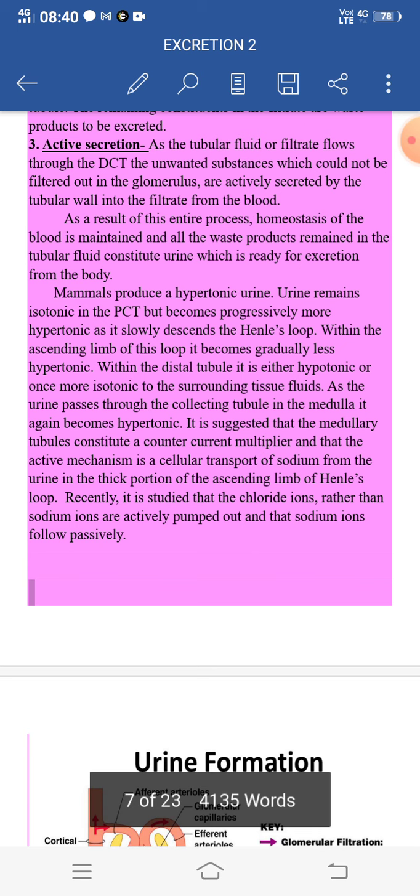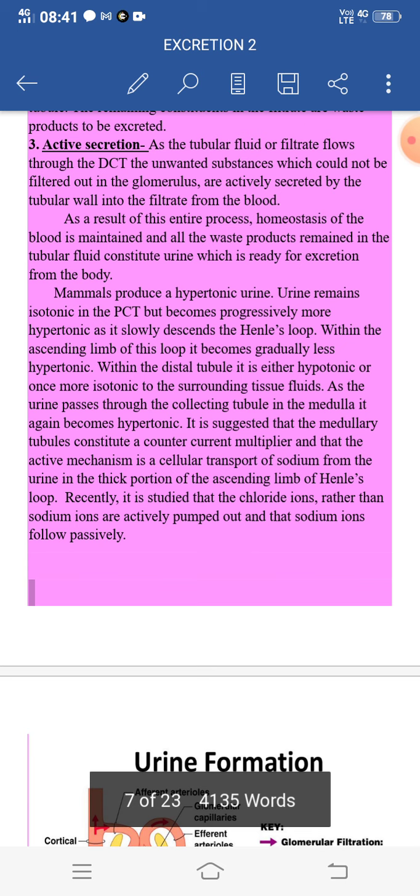Within the distal tubule, it is either hypotonic or once more isotonic to the surrounding tissue fluids. As the urine passes through the collecting tubule in the medulla, it again becomes hypotonic. From the collecting tubule, when this urine passes into the pelvis of the kidney, in the medullary region, it again becomes hypertonic in nature.